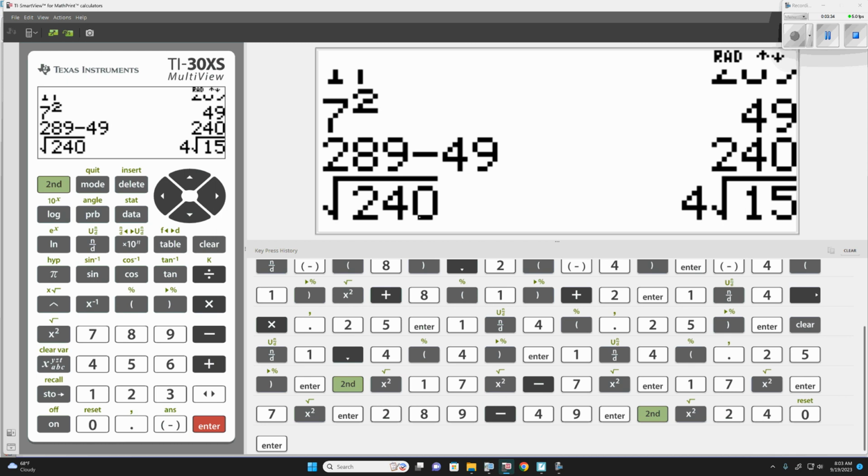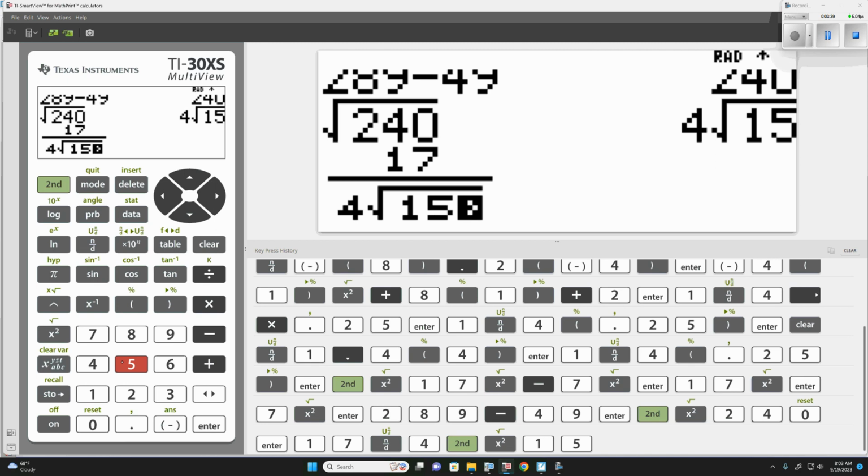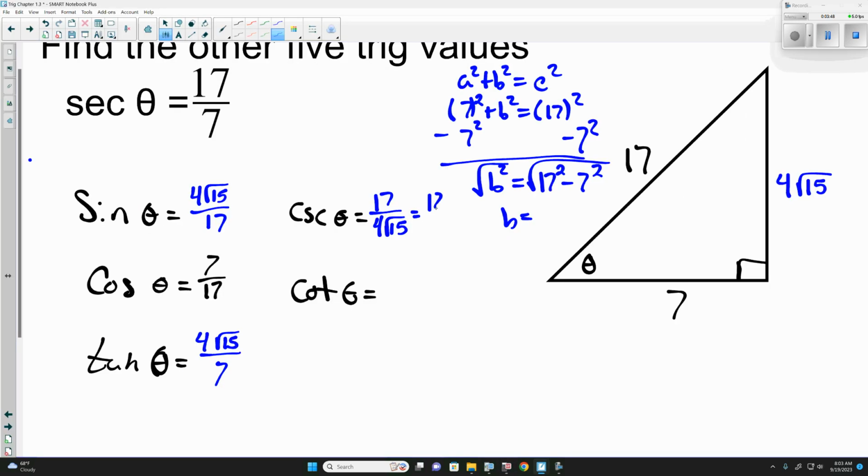But we will need to simplify that. 17 over 4 square root of 15 is 17 square root of 15 over 60. And cotangent is the flip of tangent, which is 7 over 4 square root of 15, which should end up being 7 square root of 15 over 60 probably.